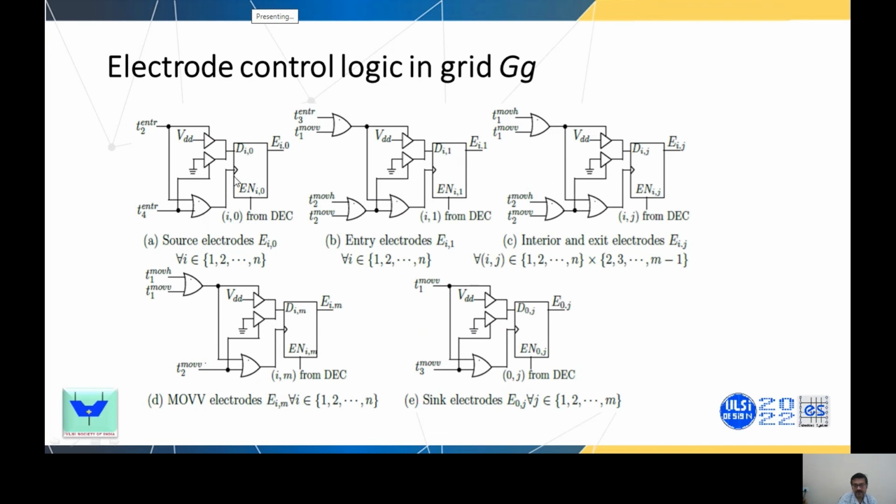This is for each different category of electrodes: the sink electrodes, the source electrodes, the entry electrodes, interior and exit electrodes. These electrodes are controlled by these logics, on the basis of which we switch on and switch off these flip-flops, and the droplets can move.